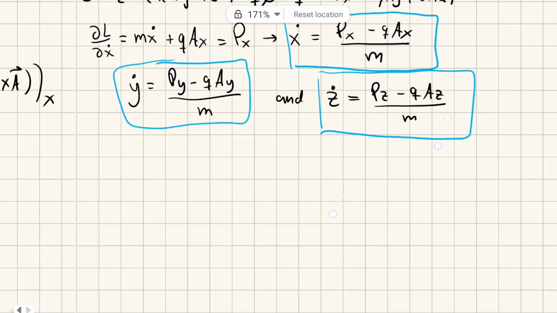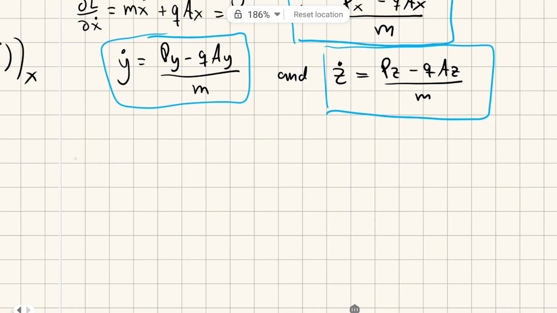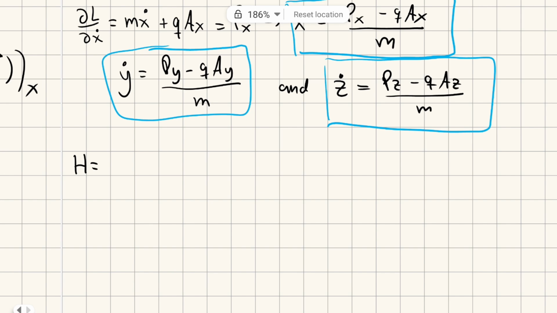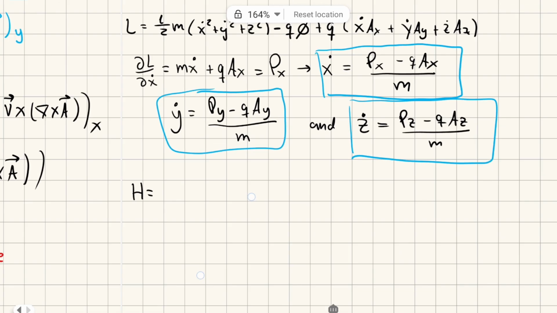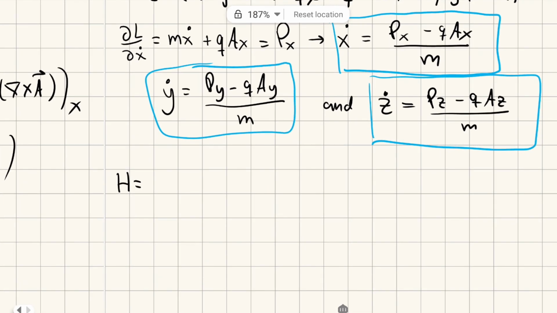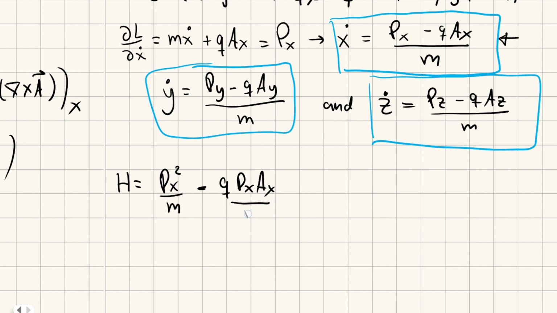Okay, so we are going to have that the Hamiltonian is going to be x dot times px, right? From this formula, recall that this is px. So we will have px that multiplies this thing over here, so that is going to be px squared divided by m minus q px ax divided by m.